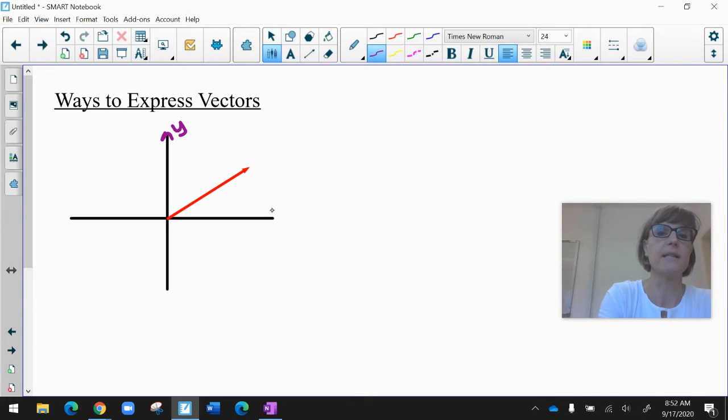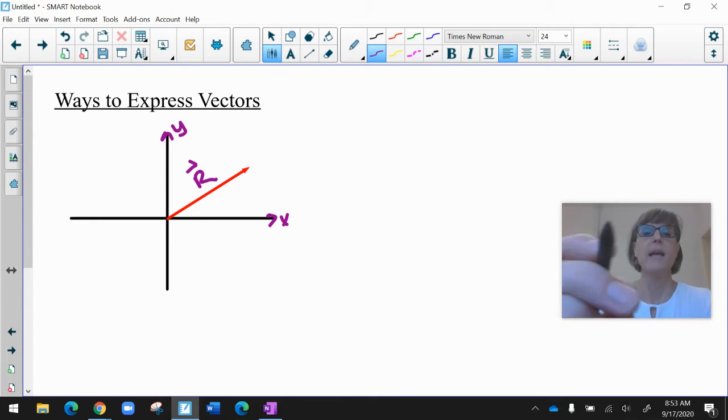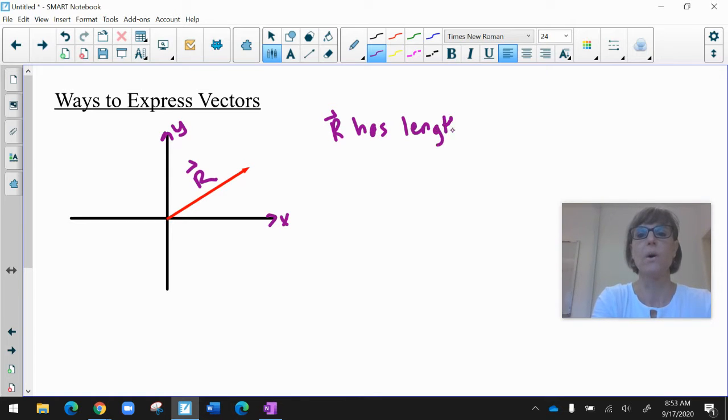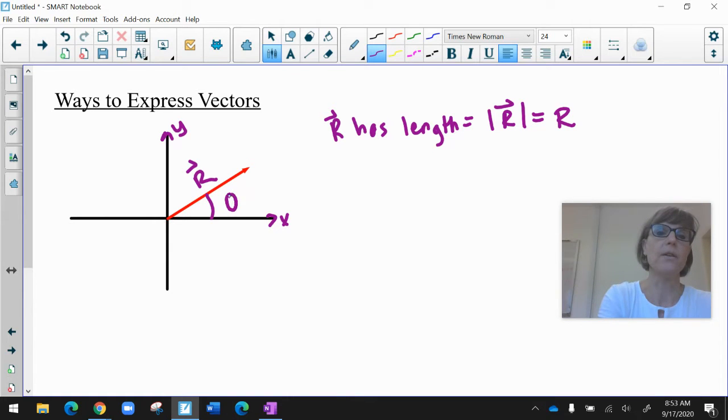I have a y-axis, x-axis, and this is going to be a vector r. My vector r has a length or a magnitude equal to the absolute value of r, or little r, and it's going to make an angle theta with the positive x-axis.